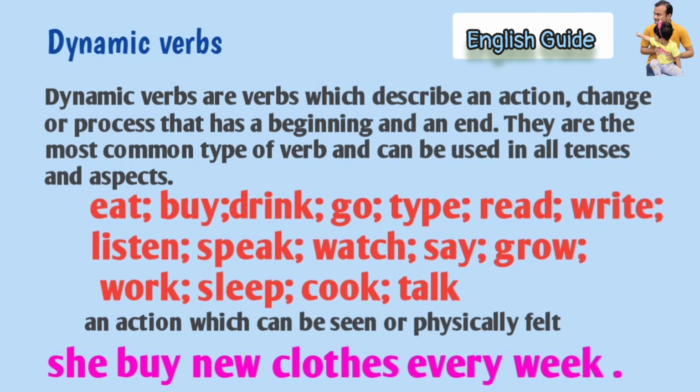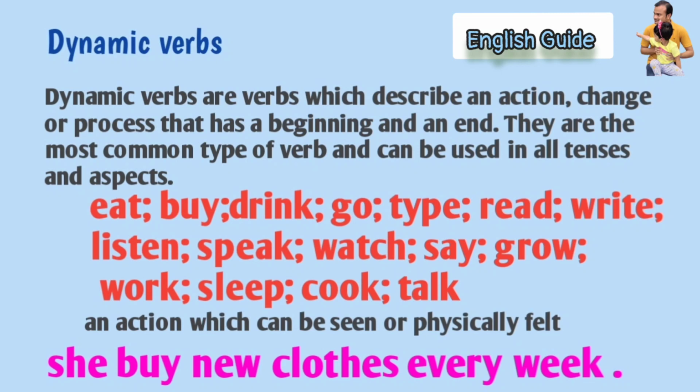Like eating, it has a definite start when you started eating and when you are ending the eating. Other examples like buy, drink, go, type, read, write, listen, speak, watch, say, grow, work, sleep, cook, talk. So all have a definite starting and ending.